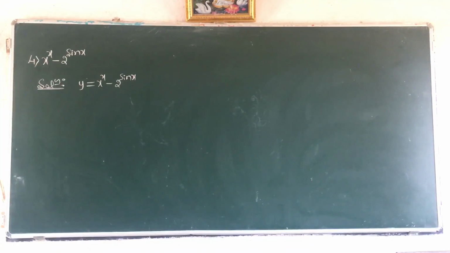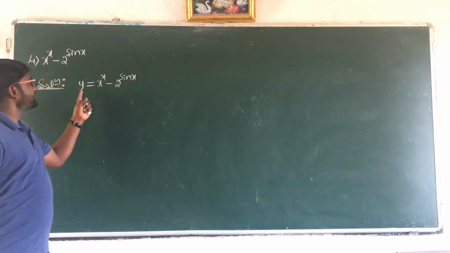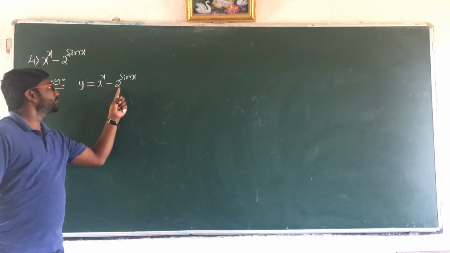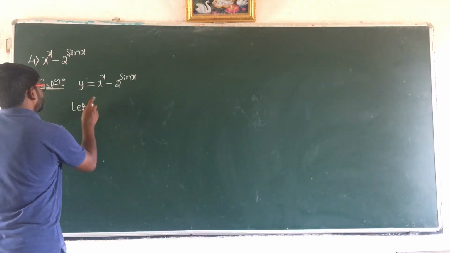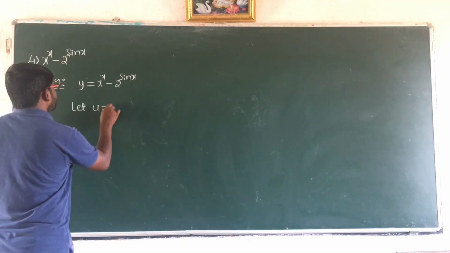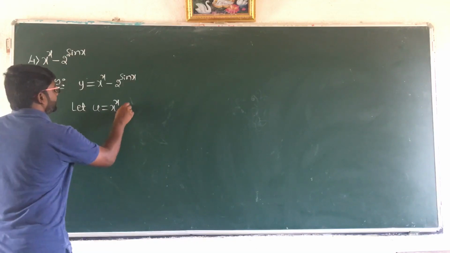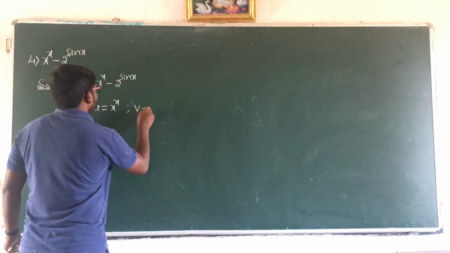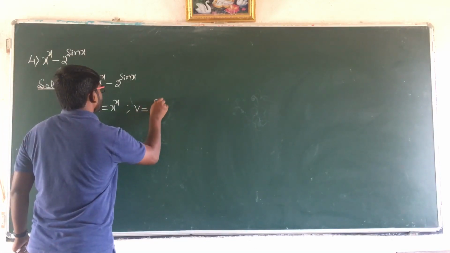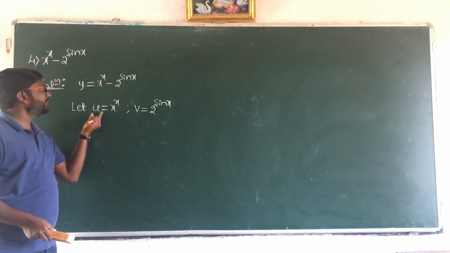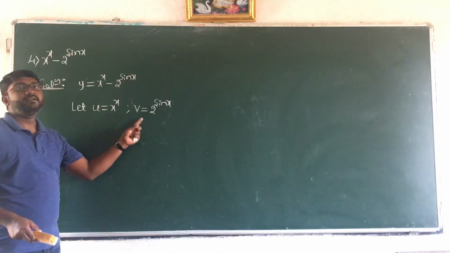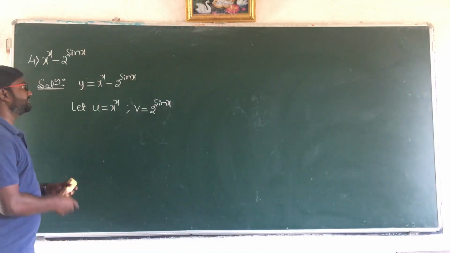Okay. The next question is the fourth one. So y is equal to x to the power x minus 2 to the power sin x. So see here, let u be equal to x to the power x, and then v equal to 2 to the power sin x. So here I am considering the first function as u and the second function as v. So therefore we have to rewrite this.